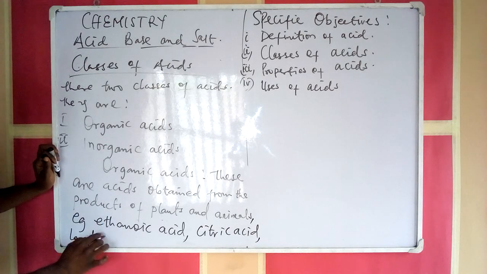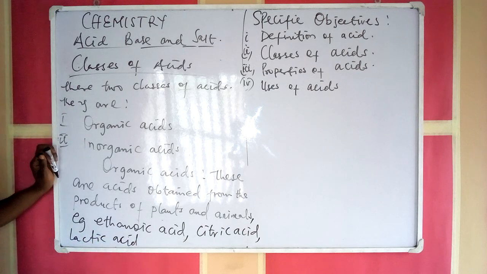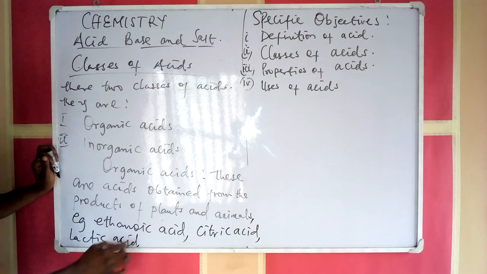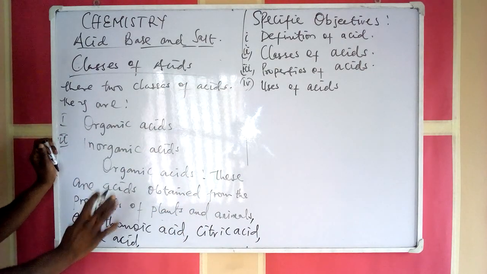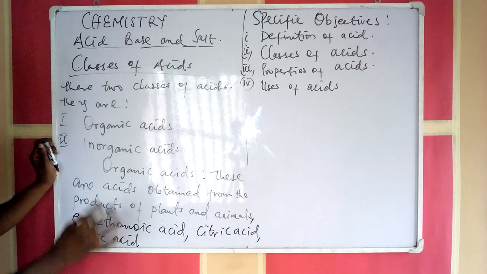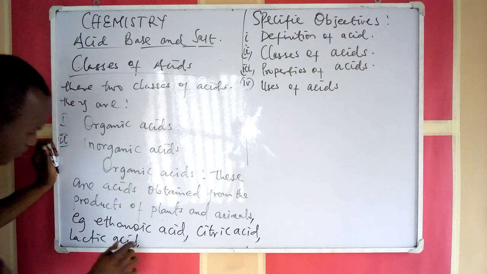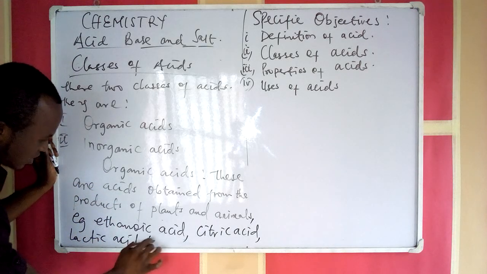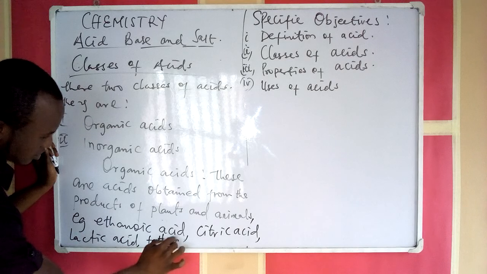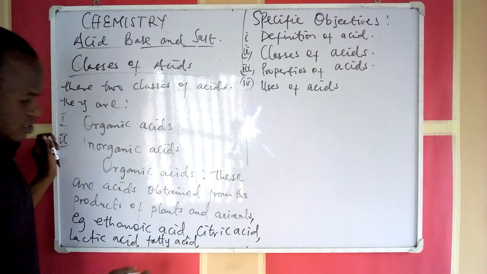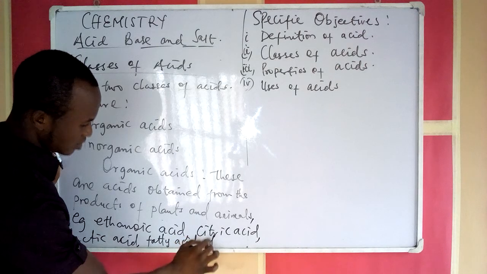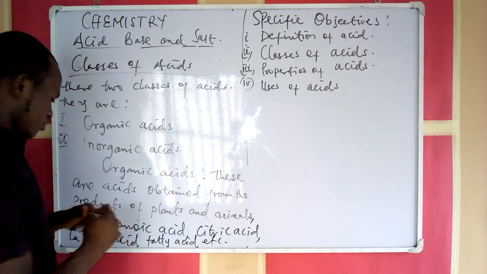Lactic acid. Where is it obtained from? It is obtained from milk. We shall have a table containing all these things. We also have fatty acids obtained from fats, etc.